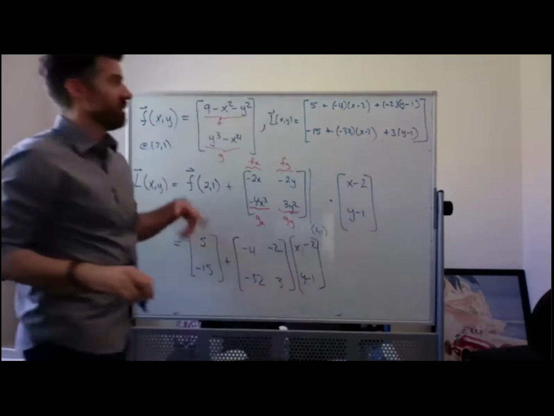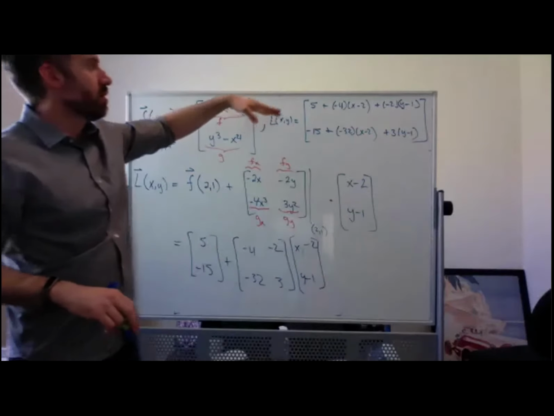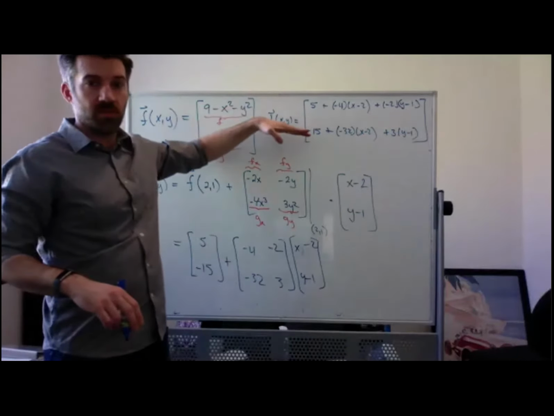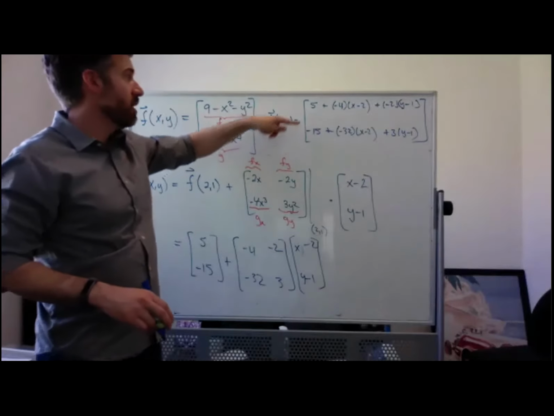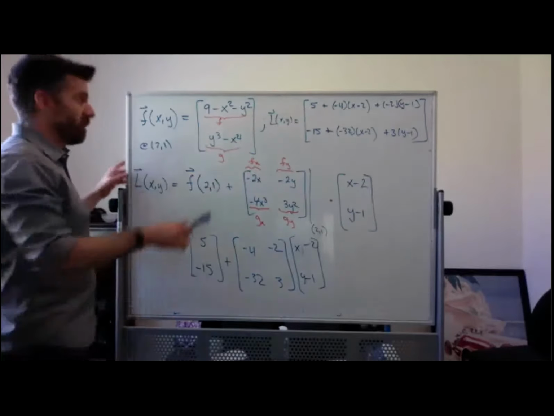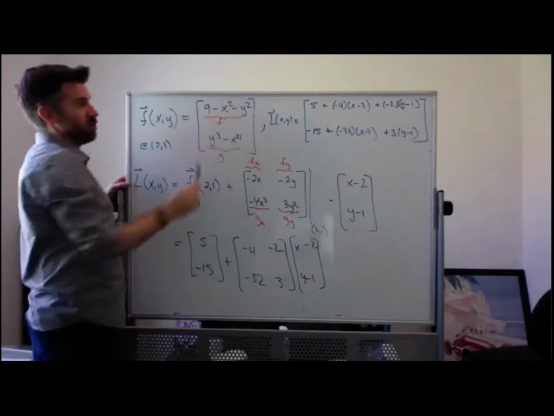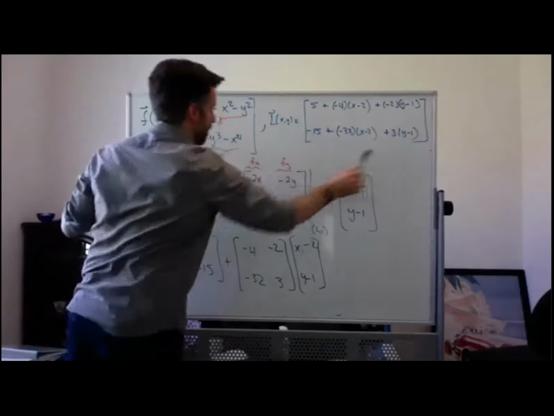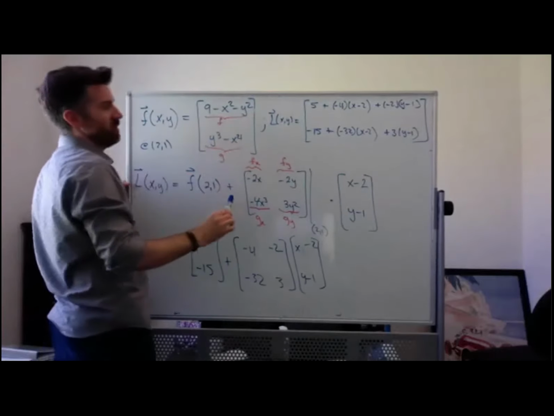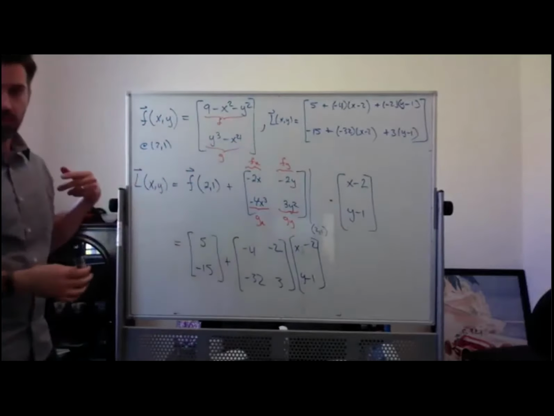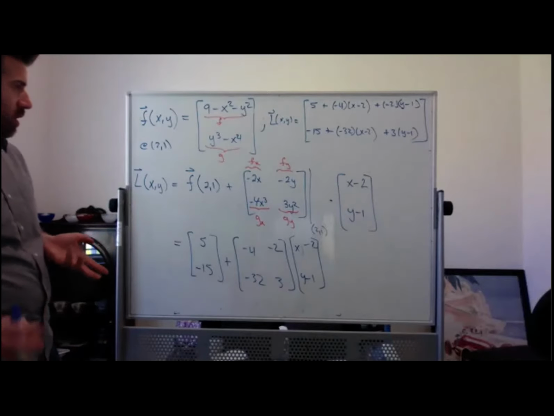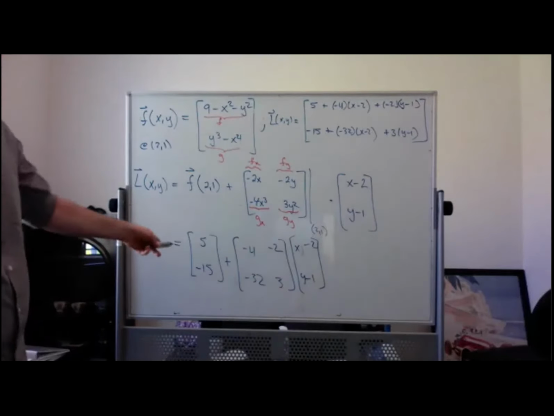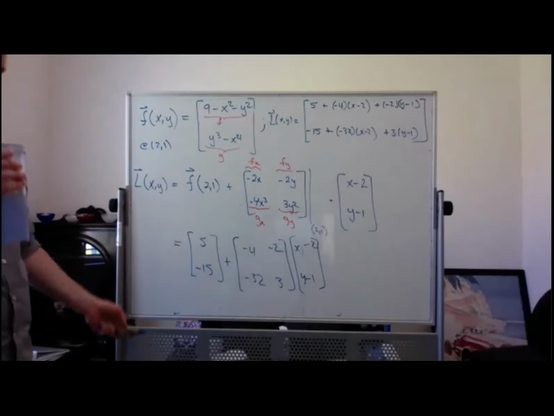In the first entry of this vector, you have the linearization of this function. In the second entry, you have the linearization of this function at the point 2, 1. I'll give you a second to soak that in. I'm going to erase this in just a moment.